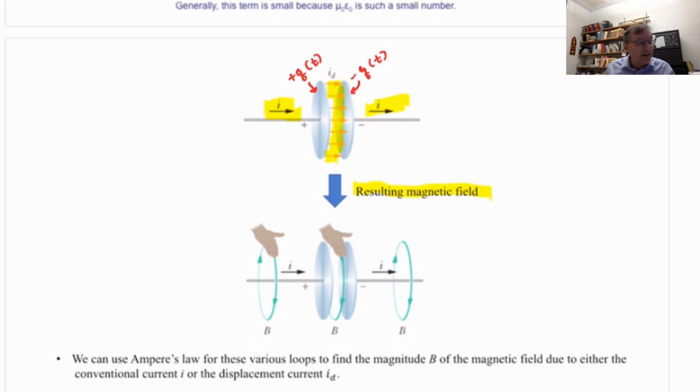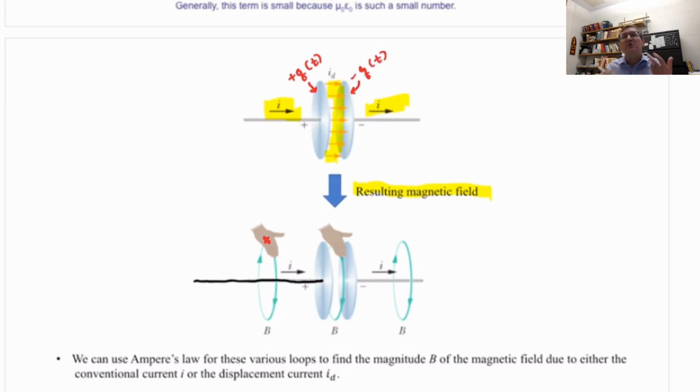And we're going to look at that in three places now. First, at a point to the left of the capacitor, in a region, right about here. And I'm going to assume this point, by the way, is pretty far to the left of the capacitor. And so what I've really got then is just a long straight wire carrying current to the right, conventional current.